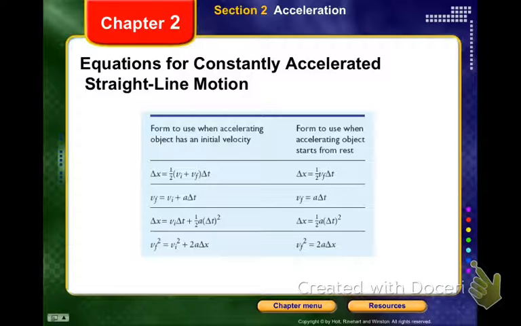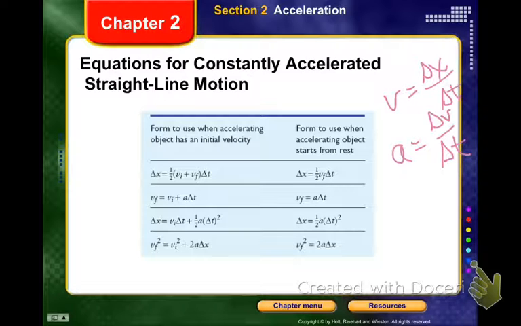You've already got 2 equations to add, the one for velocity and then the one for acceleration. And then you have these, which they just swap around depending on what you're actually given.